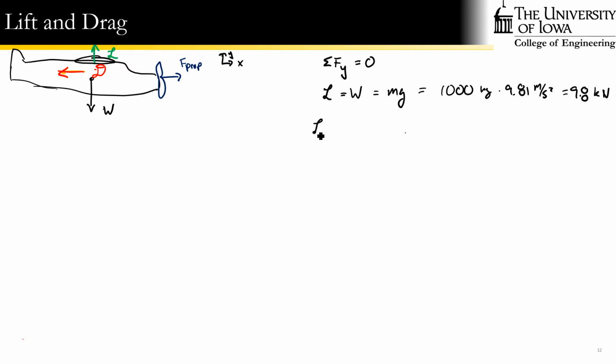We also know the lift is equal to 1/2 rho u squared times A times the lift coefficient. We've been given everything here except the value of u. The lift coefficient, we're told, is 0.3.